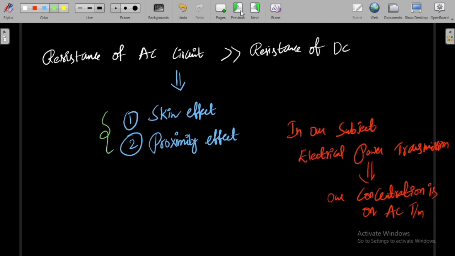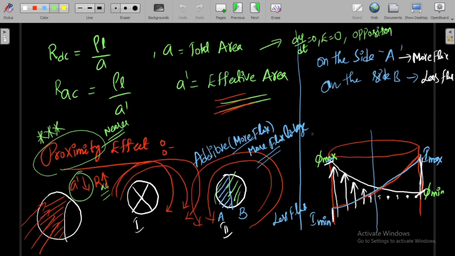Let me give the factors on which the proximity effect depends. Proximity effect also depends upon the conductivity of the conductor, permeability of the conductor, and frequency of the supply. Another important thing, which is different from skin effect: in skin effect we consider that the size of the conductor also affects the skin effect.